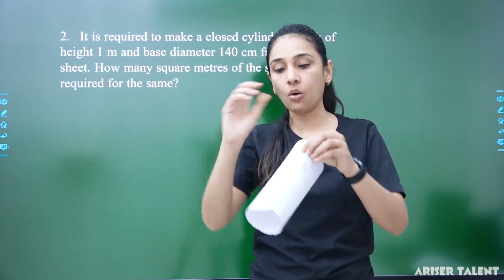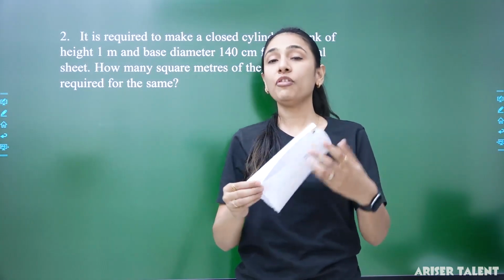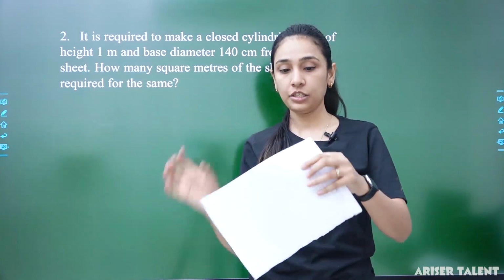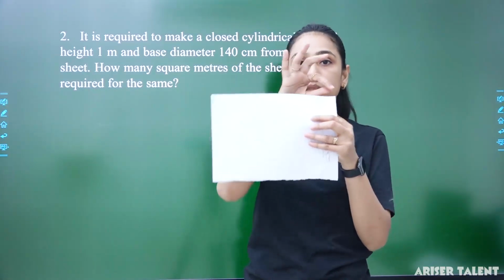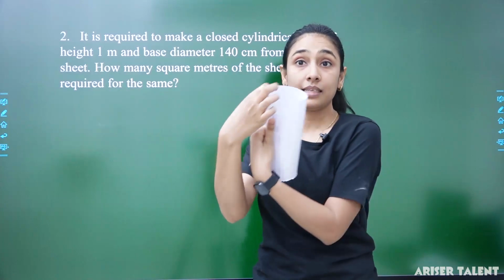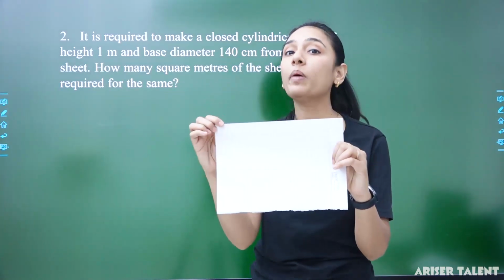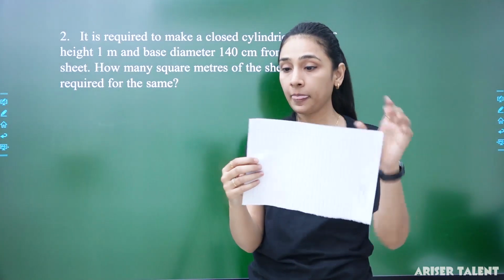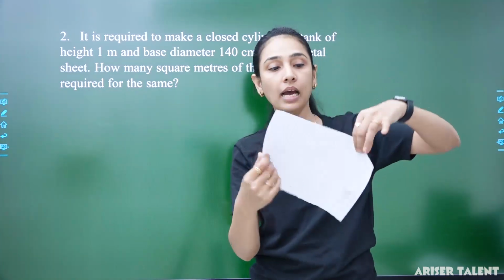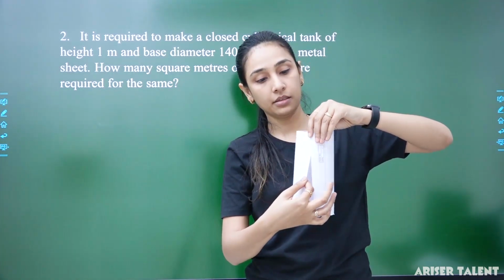Okay. Now, if I am opening it, it will become a sheet. This was 2 pi r, and this was the height of the cylinder here.